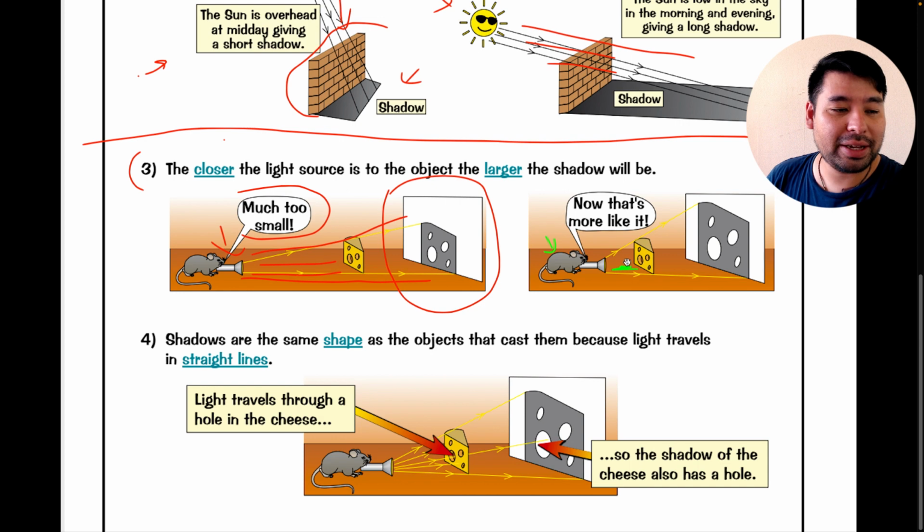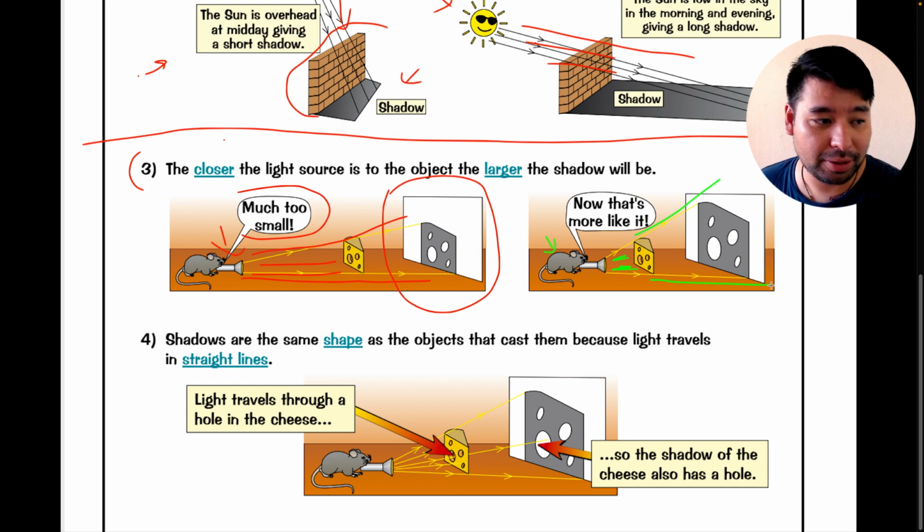So again, the distance is shorter, so the shadow will be bigger. This is the way it works. The further the distance between the flashlight and the cheese, the smaller the cheese shadow will be. On the other hand, if you get it closer, the shadow will be bigger. This is something that we have to keep in mind, okay?